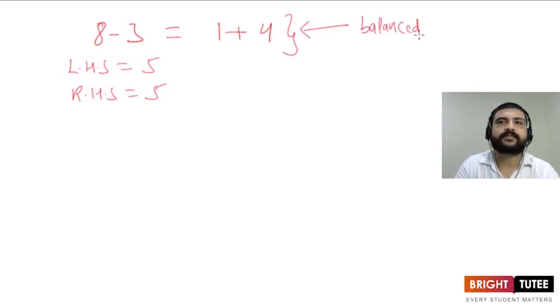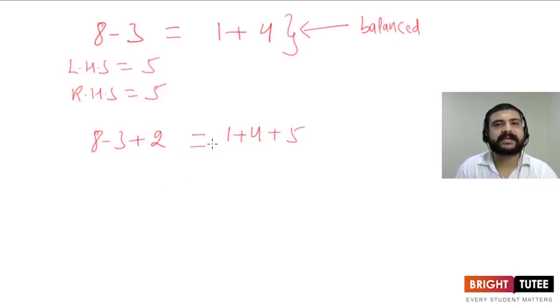Now what we are trying to do, we are trying to add two different quantities on both the sides of the equation. Let's add 2 on the LHS. So we will get 8 minus 3 plus 2, and here let's add 5 on the RHS. So we will get 1 plus 4 plus 5. Now let's check whether the equation is balanced or not.